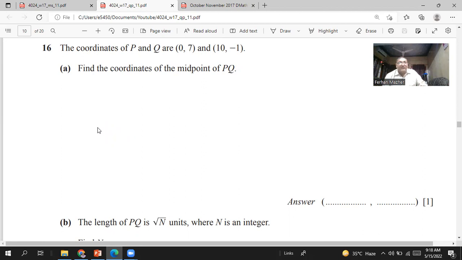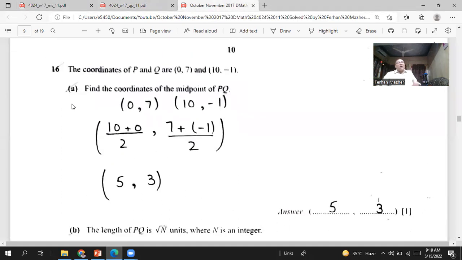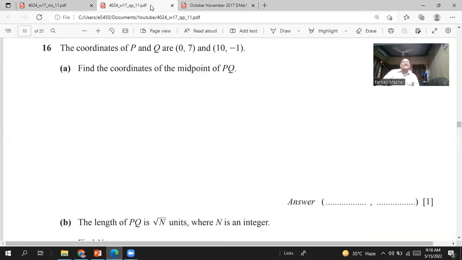The formula is (x2 plus x1) divided by 2, (y2 plus y1) divided by 2. So let's apply this formula. 10 plus 0 divided by 2, 7 plus -1 divided by 2. So 10 by 2 will be 5 and 6 by 2 will be 3. So (5, 3) will be the coordinates of the midpoint. So our answer is right.